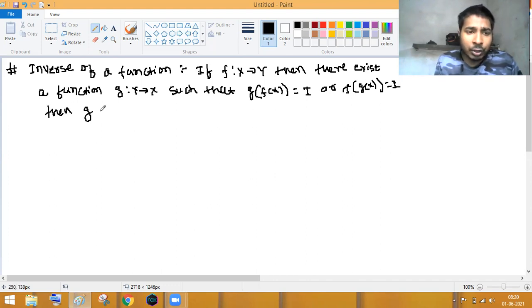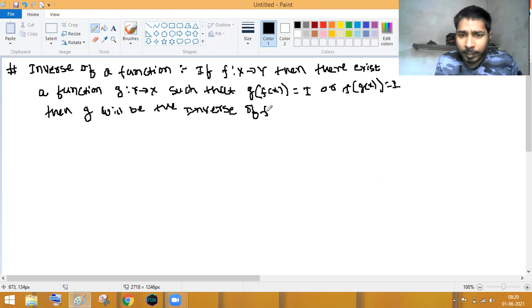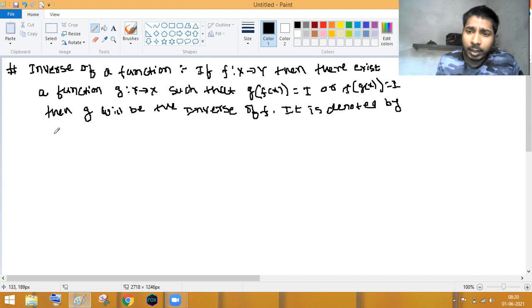Then g we will call, then g will be the inverse of f, and it is denoted by f inverse.